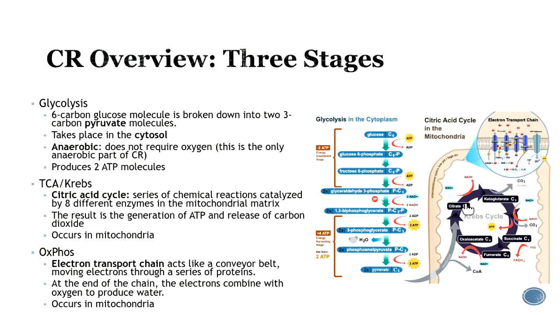We're going to be harvesting off the carbons, and as we do that, we're also going to be harvesting electrons throughout both processes. These electrons are going to be driven to the very last process, where we use them to regenerate ATP. This part occurs in the mitochondria, in the very matrix, in the very center of it.